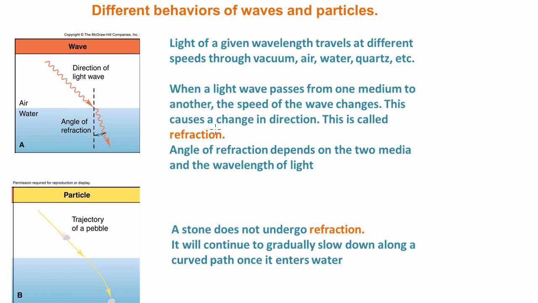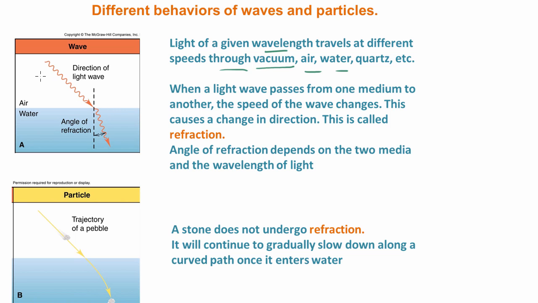Before we talk about that, let's talk about refraction and diffraction. So as far as refraction goes, we already know that light of a given wavelength will travel at different speeds through a medium, depending on what that medium is. So it's going to travel at a different speed in a vacuum than it would in air or water or glass or so on.